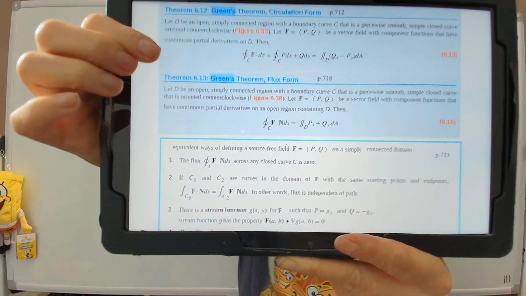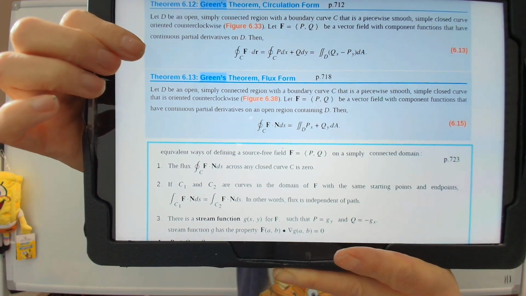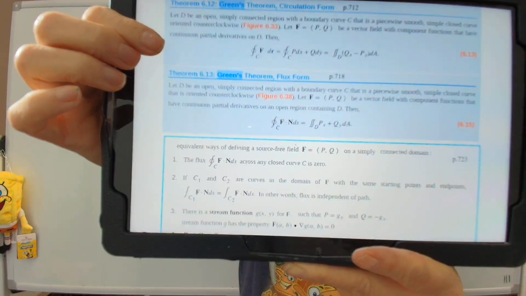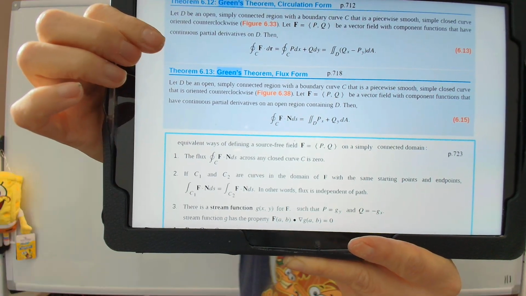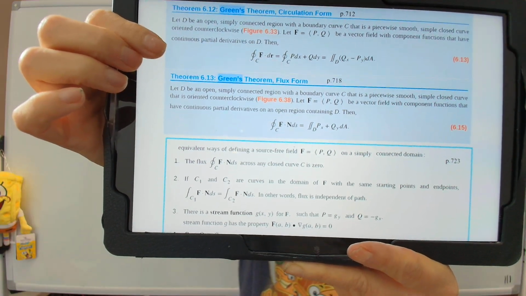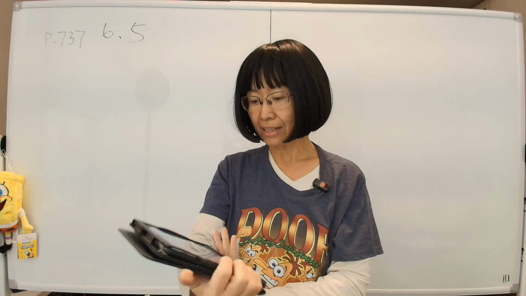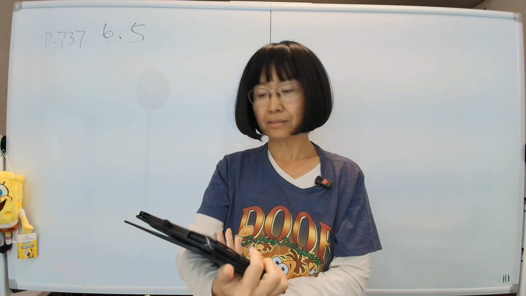The theorem states that when you integrate along the curve of P dx plus Q dy, that's the same as integrating over the area D, where the curve is surrounding, and calculating Qx minus Py dA. That's the circulation form. We have done some homework on that, and next, the flux form.